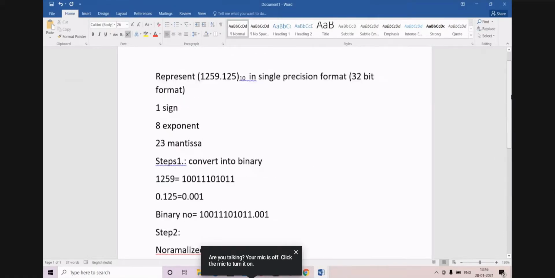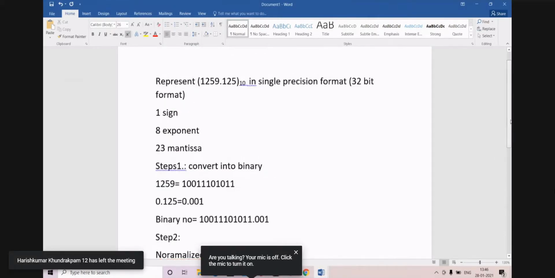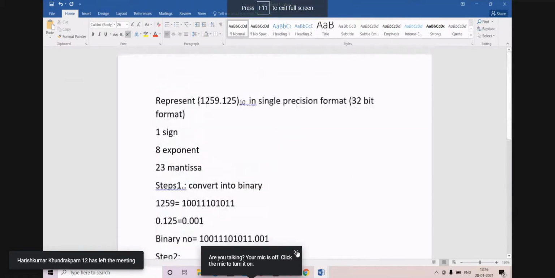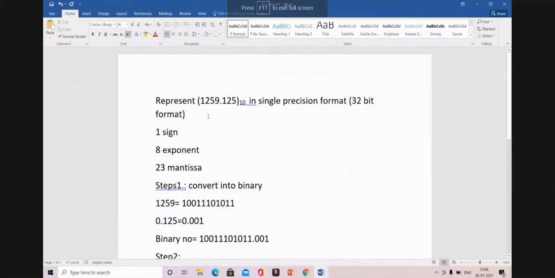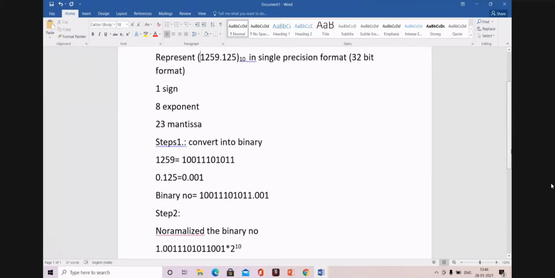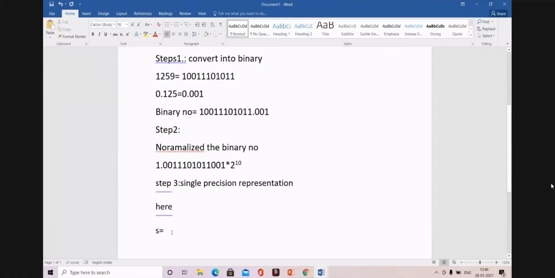From the given question, you have to see whether the number is positive or negative. If these are all positive numbers and there are no negative numbers, then your sign will be positive.